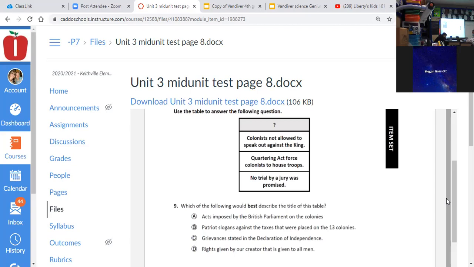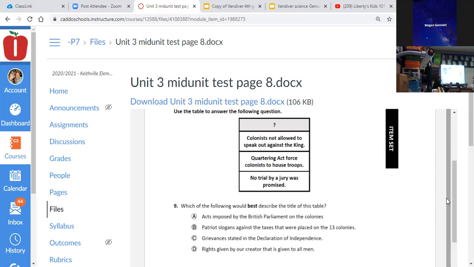Not A. What do you think? Not B. Megan, what is it? I think it's C.